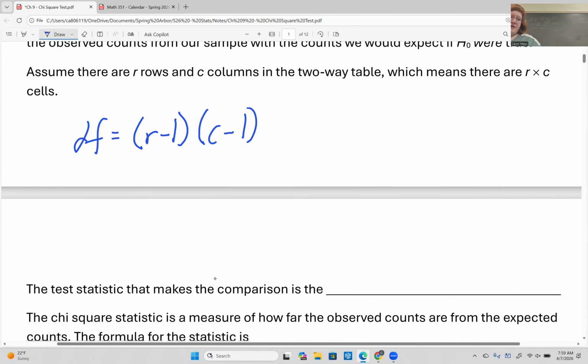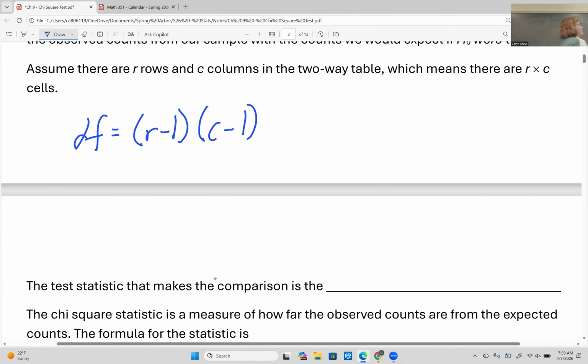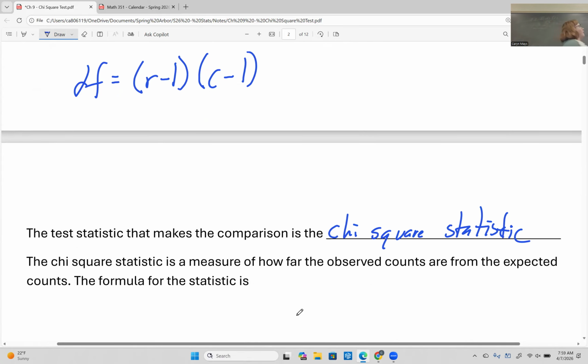So the test statistic that makes this comparison, how does the expected count compare with the actual count, is known as the chi-square statistic. The chi-square statistic is a measure of how far the observed counts are from the expected counts.